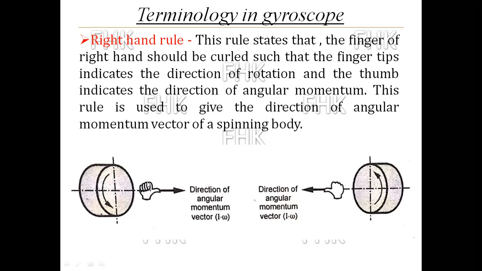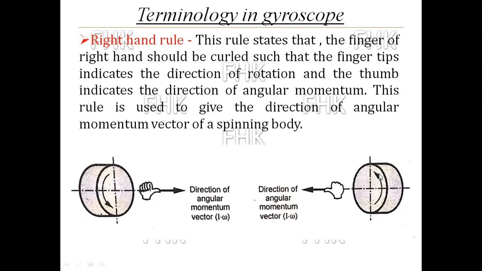So you have to curve your fingers in such a way that your curling fingers indicate the anti-clockwise direction of the rotor. At the same time, the thumb will indicate the direction of the angular momentum vector.